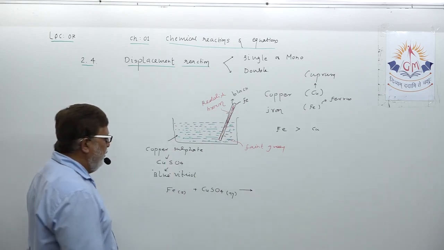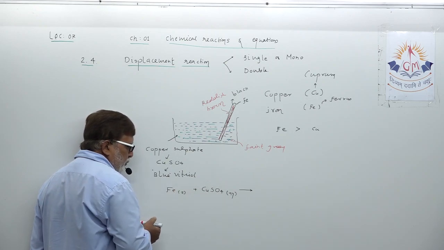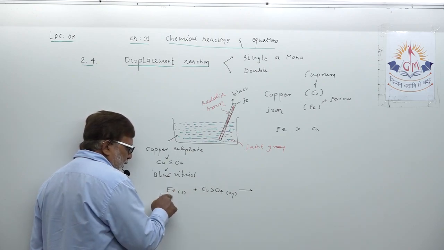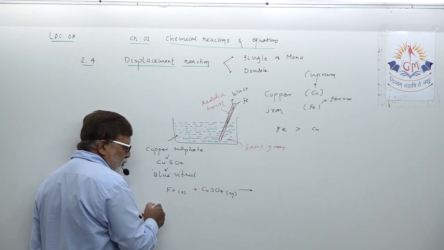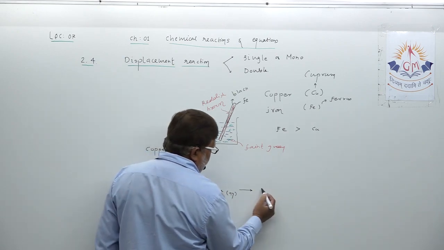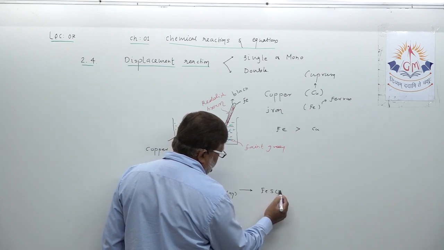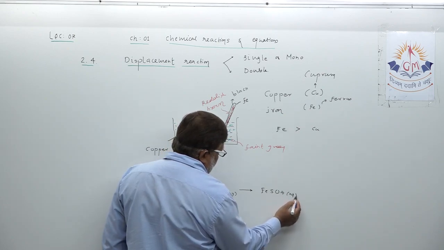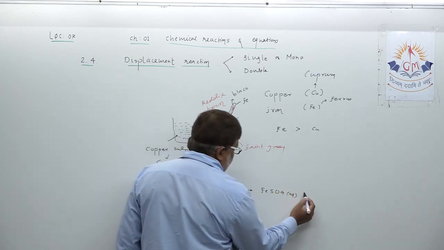As I told you, iron is more reactive than copper. So iron displaces copper from copper sulfate and forms iron sulfate. Okay, dear student? So iron sulfate is formed, because iron displaces copper from copper sulfate and copper is separated.